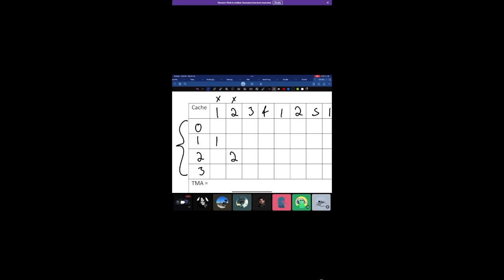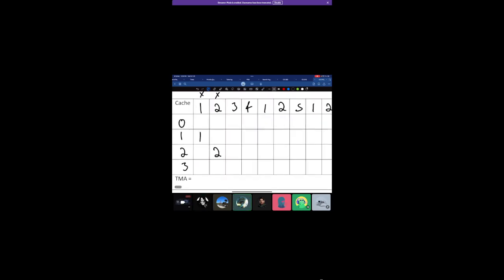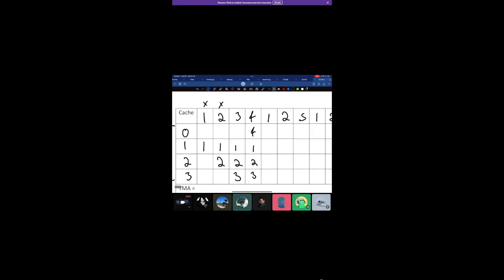Miss. 3, nothing there. And if you want, you can rewrite it as well. Like that. So, and then 4 mod 4, that's 0. So 4, 1, 2, 3. And these were all misses because they were never in the cache yet.